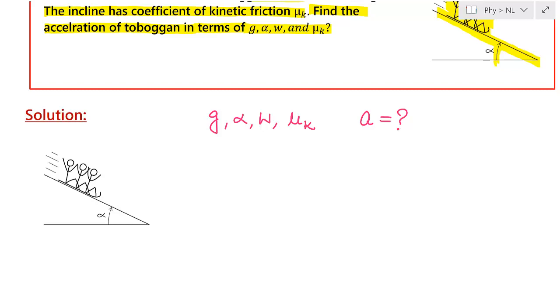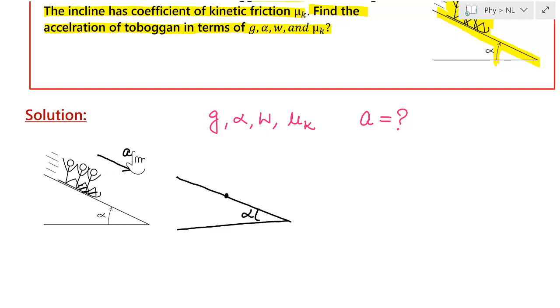So the first step of solving this problem is to draw the free body diagram. So this is the toboggan. So let us denote this toboggan by a point, and this is my inclined plane, and this angle is given, this angle is alpha, and this toboggan is going in the downward direction.